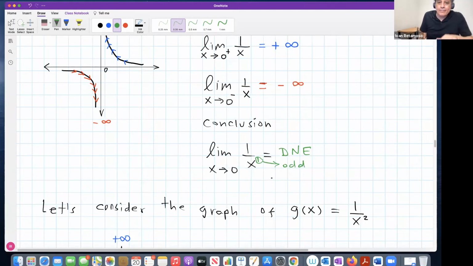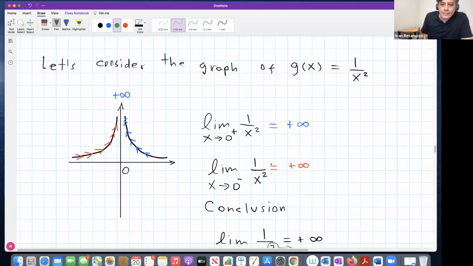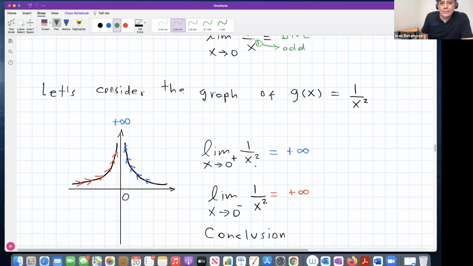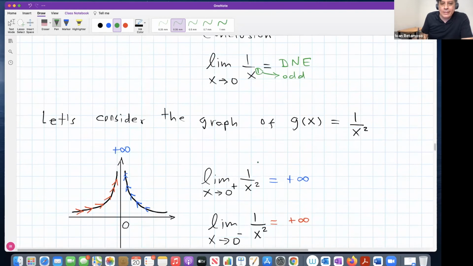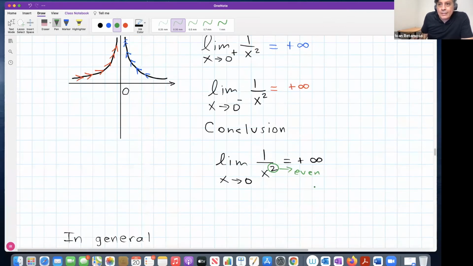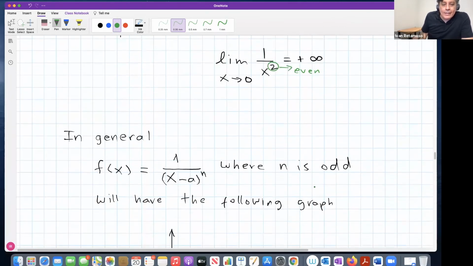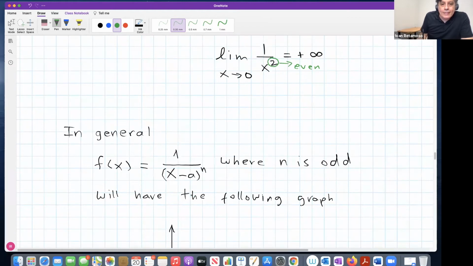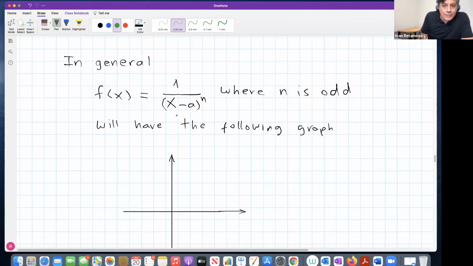So then they said, okay, let's take these two graphs as our basic graphs, and let's extend this result this way. In general, if you are given a function like 1 over x minus a raised to n, where n is odd first, then the graph of this will have the following shape.